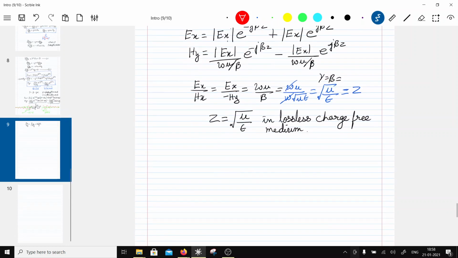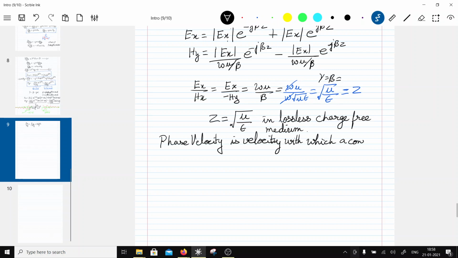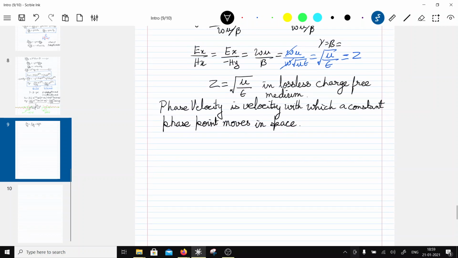Phase velocity is the velocity with which a constant phase point moves in space. Correct? Now let's see what that is.